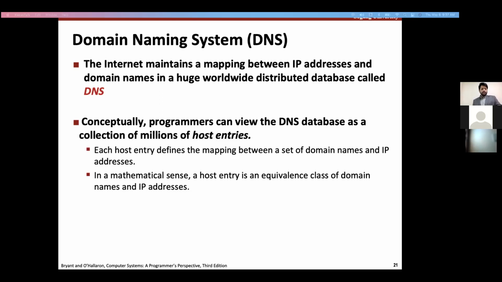Each host entry defines the mapping between a set of domain names and IP addresses. So every host will have this mapping: some domain names and some IP addresses. In the mathematical sense, a host entry is an equivalence class of domain names and IP addresses.